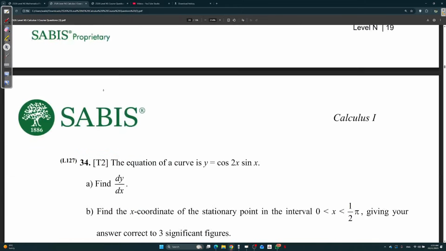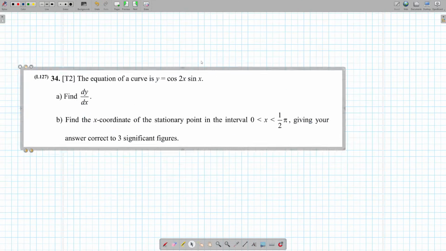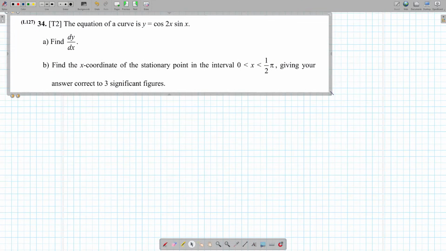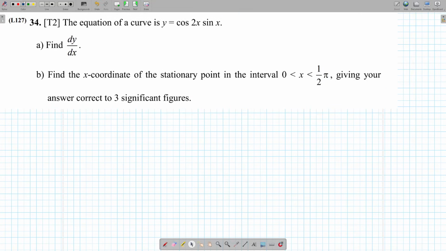Next question, over here. The equation of the curve is cosine 2x times sine x. Very easy. Find dy by dx. Everyone knows how to find the derivative. You have to do product rule over here. So let's take u to be cosine 2x.